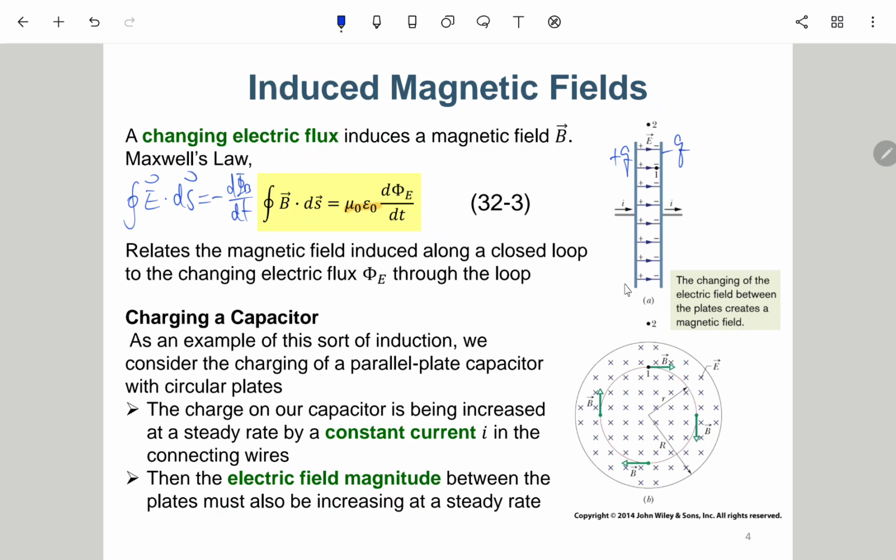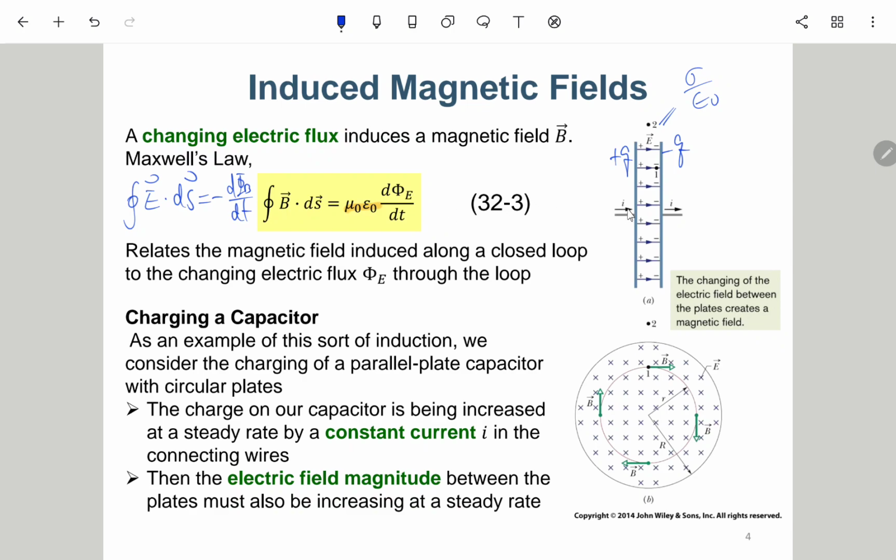So we will have an increasing E field, also at a steady rate, because this E field is sigma over epsilon naught. Epsilon naught is a constant, and sigma is the charge density. If the charge is increasing at a steady rate, sigma also increases at a steady rate, so this E field also increases at a steady rate.